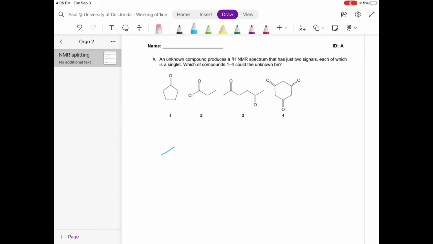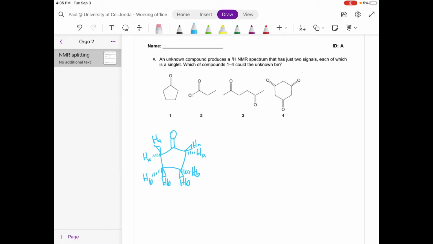doing some symmetry arguments, you can figure out rather quickly that these protons right here are going to be equivalent to one another. And then these protons right here are going to be equivalent to one another and to the other side, because there's a plane of symmetry. And then these protons right here are going to be equivalent to one another, and the same with that.